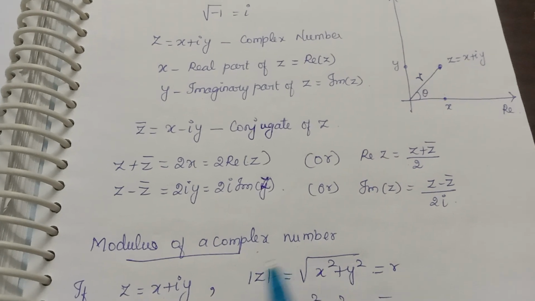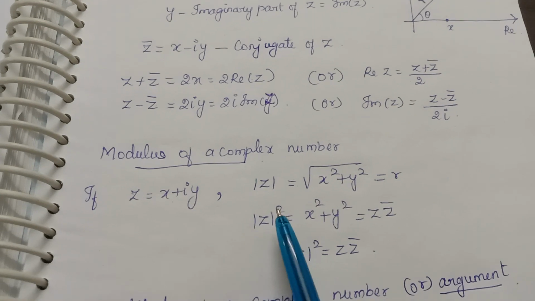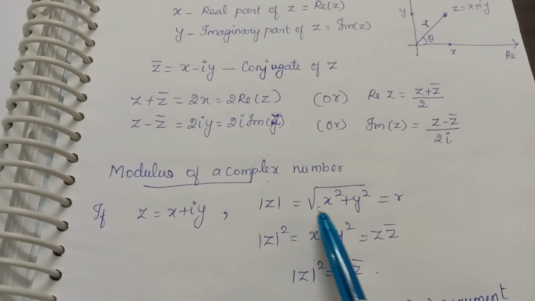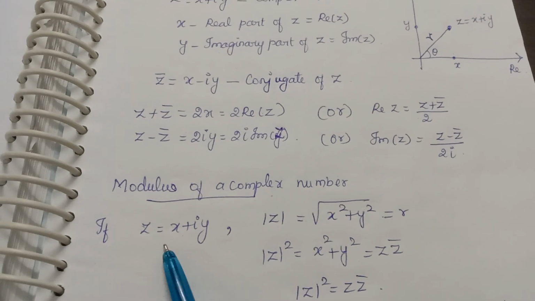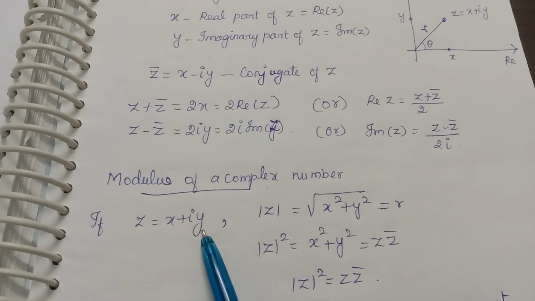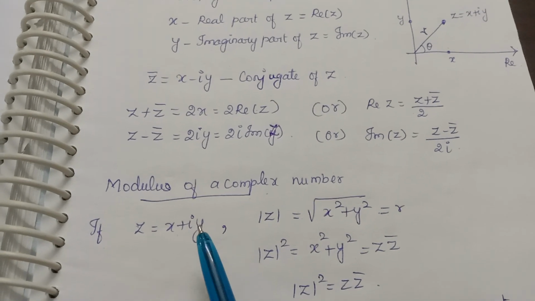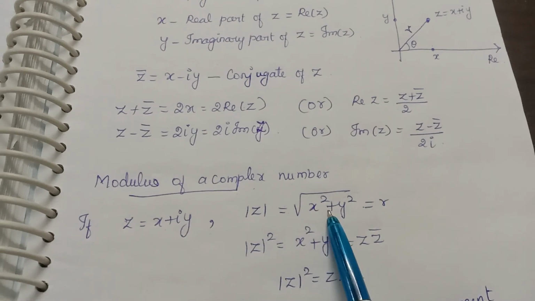Now let's see how to find the modulus of a complex number. If z equal to x plus iy, then its modulus is given by square root of real part square plus imaginary part square. What is the real part? X. So x square plus imaginary part is what? Y. Only y you have to take, don't take this i. So the modulus is square root of x square plus y square.